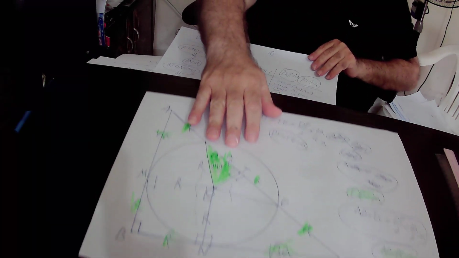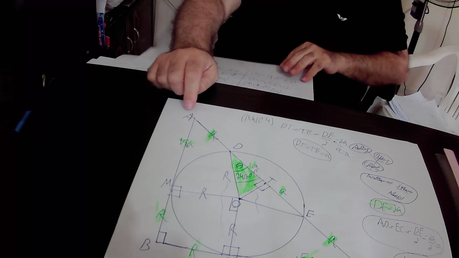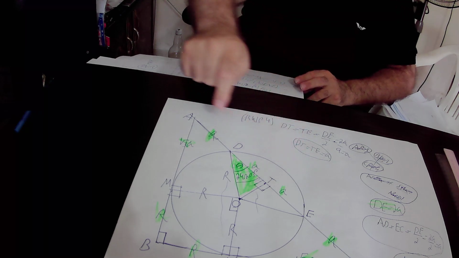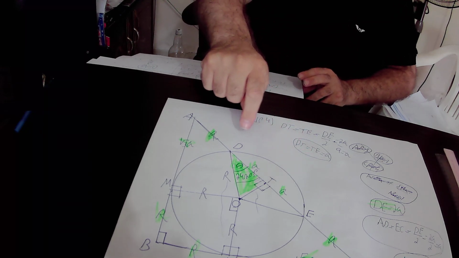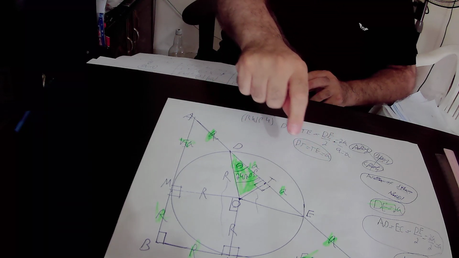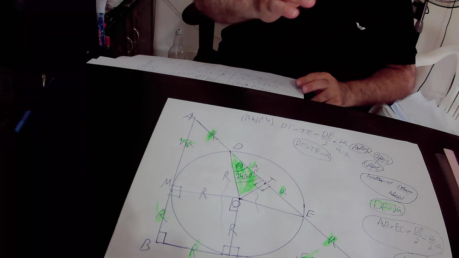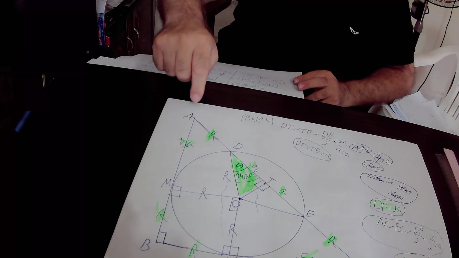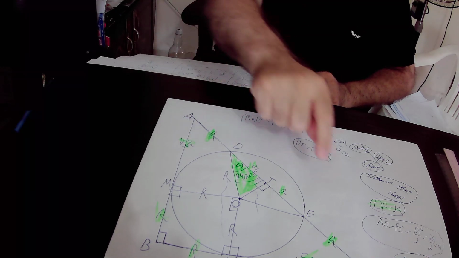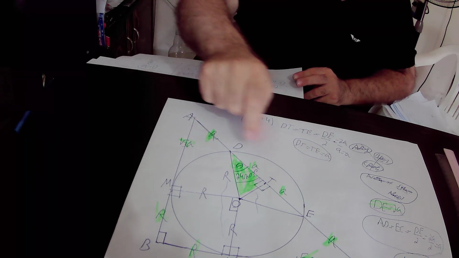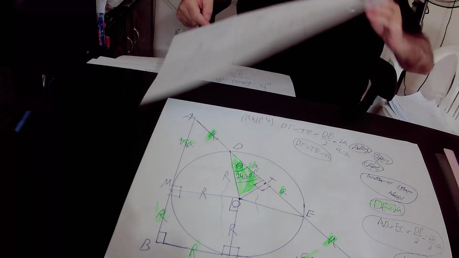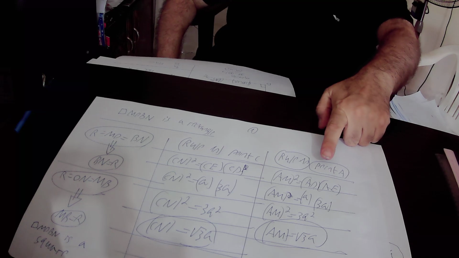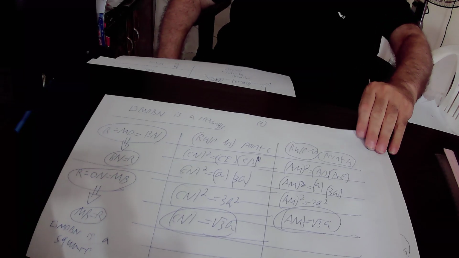Likewise, we focused on the external point A. From the external point A, we have tangent AM to this circle, and we have the straight line that intersects with this circle at point D and then point E. Therefore, we can implement here rule number 10. According to rule number 10, we get that AM squared equals AD times AE.